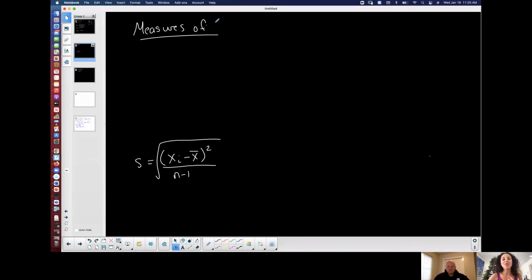Now, your measures of variation measure the variation within your set of data. And you're going to start to see a normal distribution curve. I don't think we've talked about it yet, but this is going to be your best friend. It's symmetric and bell-shaped, as we say.